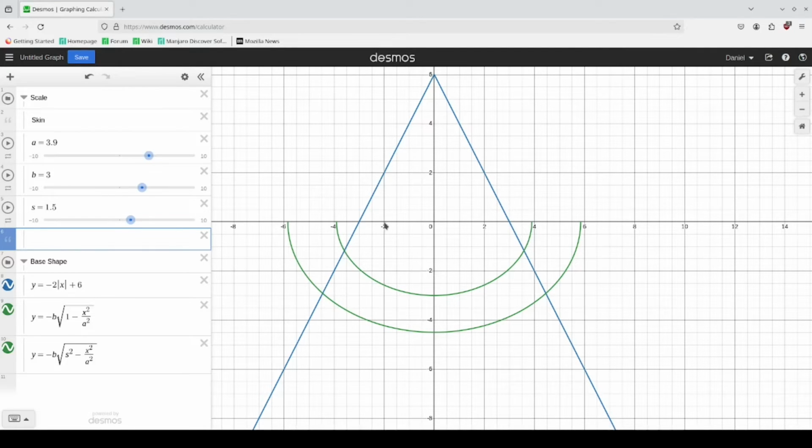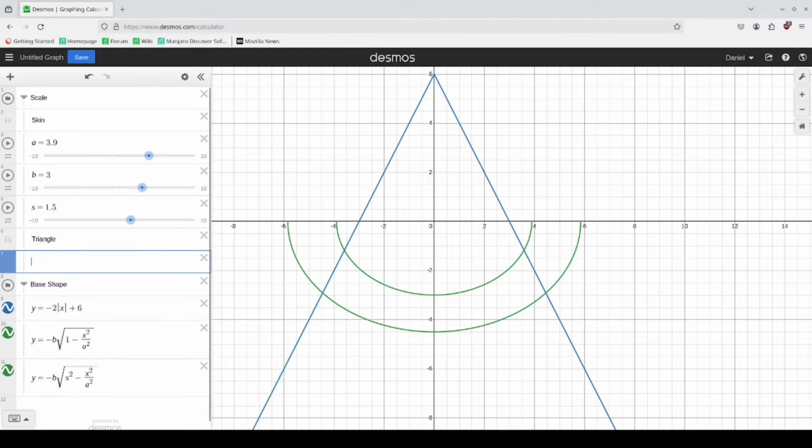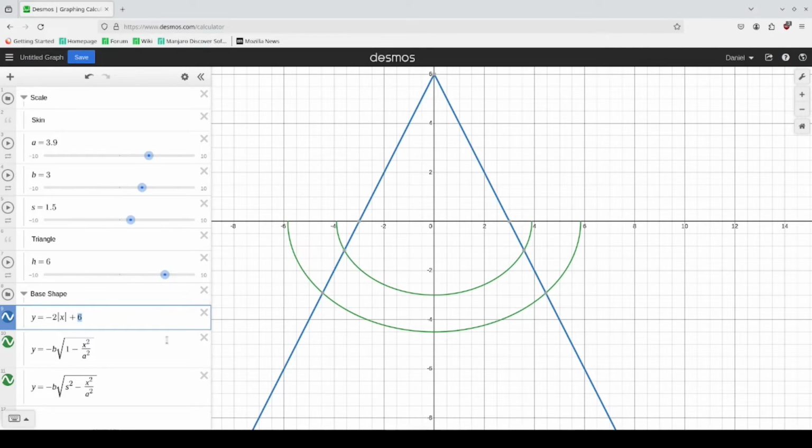Right, now I like to define some variables to control the height of this triangle piece here. And so we're going to have one for the height. So that's going to be 6, and that's going to be going into this one here. And this is the compression factor.